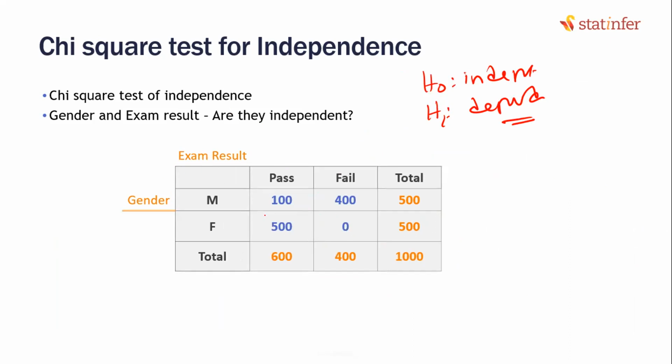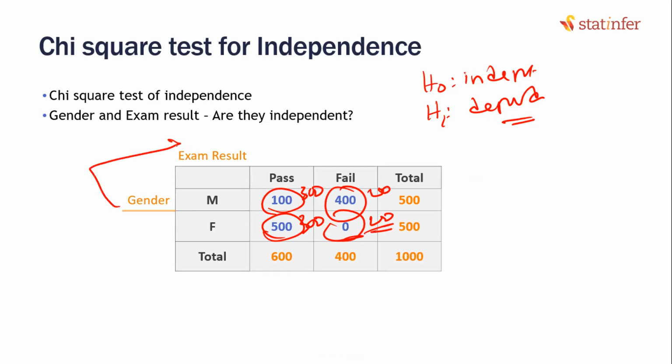Reject. Why reject? Because we are expecting 300 here, 300 here, 200 here, 200 here, but observed values are very different. That's why we reject the null hypothesis. You will get a very high chi-square value and a very low p-value. That means we reject the null hypothesis. Then we will finally say the exam result depends on the gender.